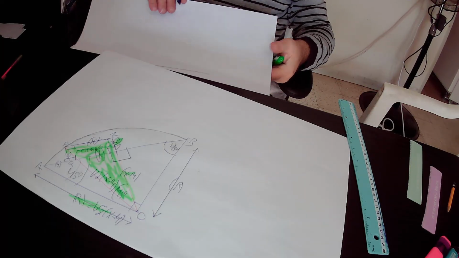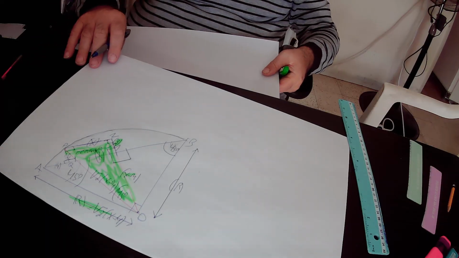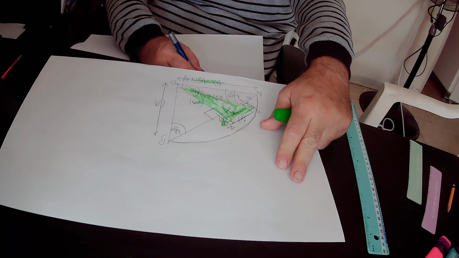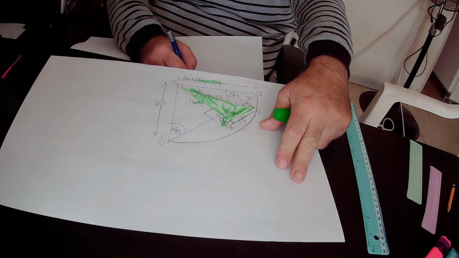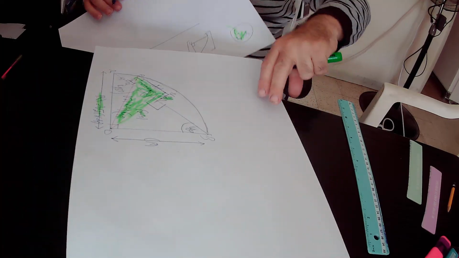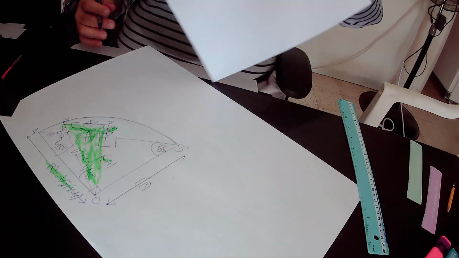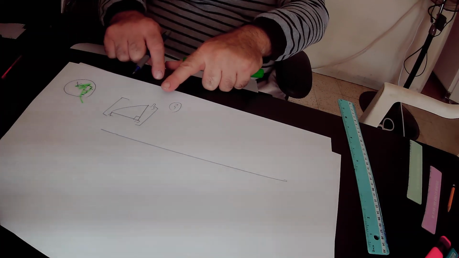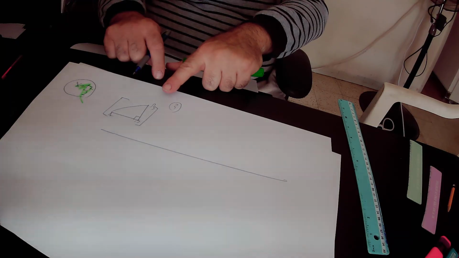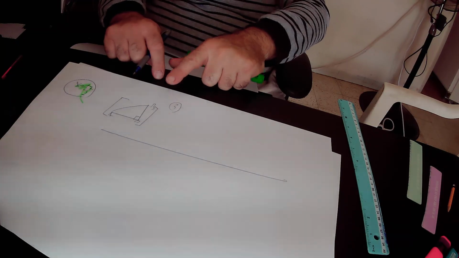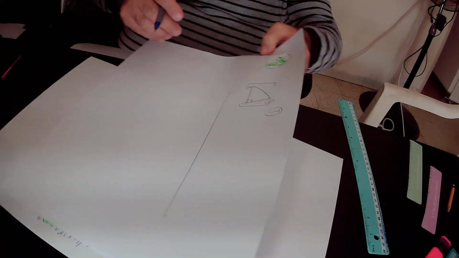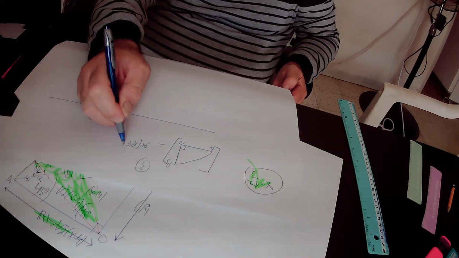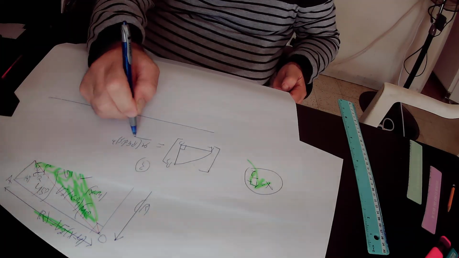And therefore the area of this quarter circle AOB must be equal to pi times the radius of the circle squared over 4.